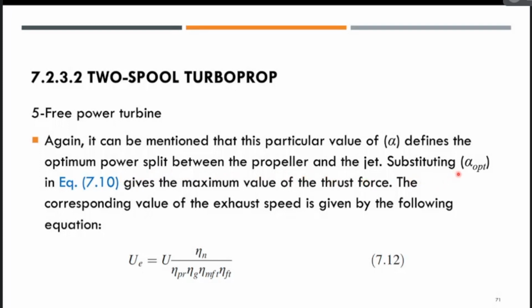Substituting the alpha_opt in equation 7.10 gives the maximum value of the thrust force. And the corresponding value of the exhaust speed is given by equation 7.12 over here.